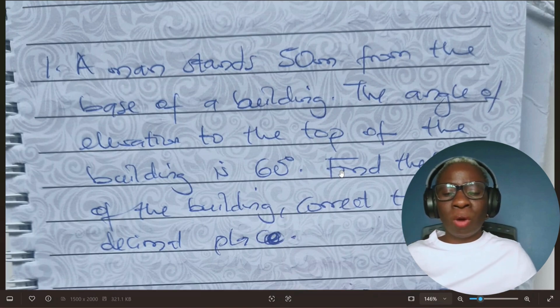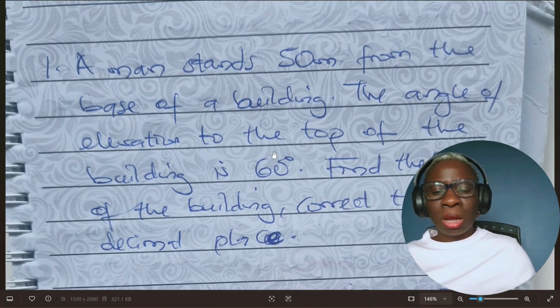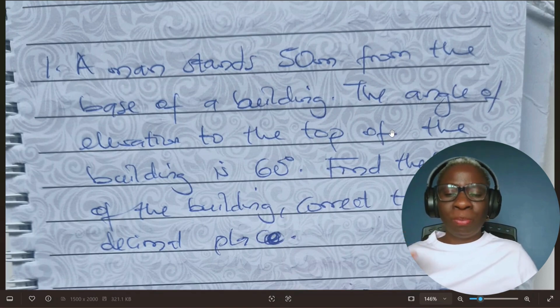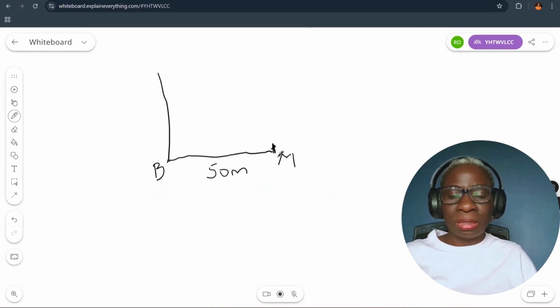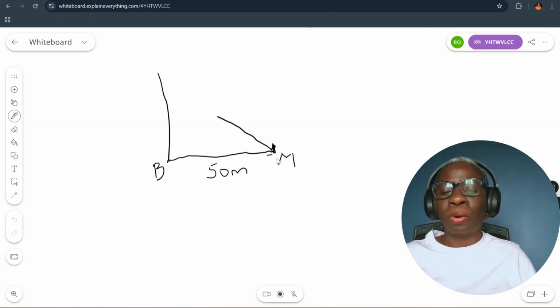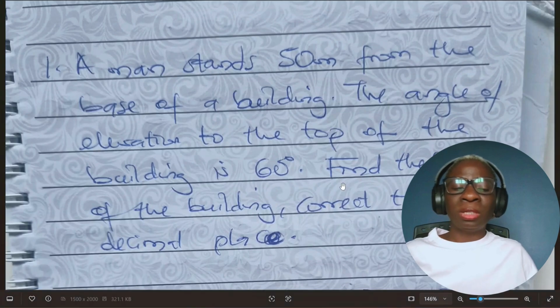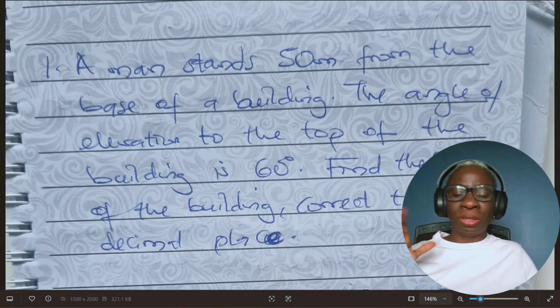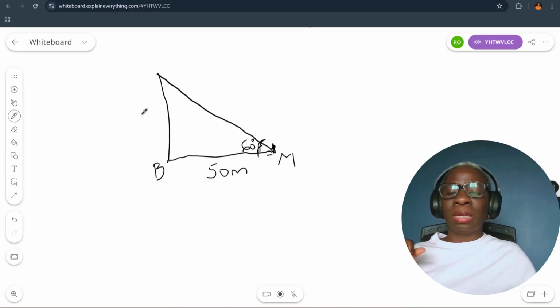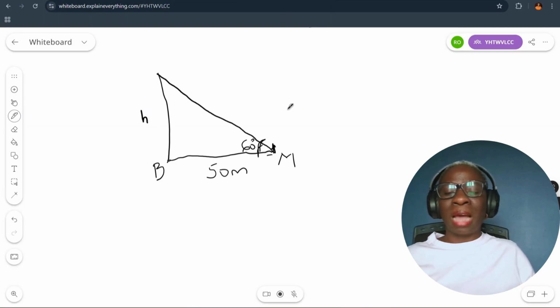That means the angle of elevation from the point where the man is standing to the top of the building is 60 degrees. The question says, find the height of the building correct to one decimal place. So we are to find this height.